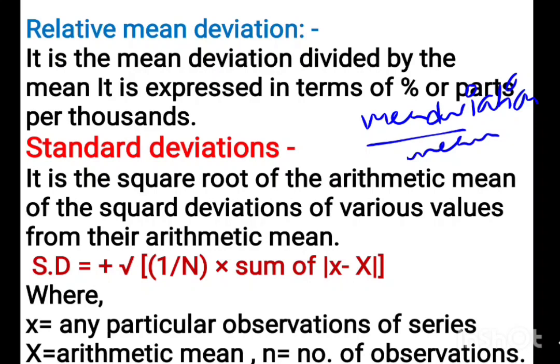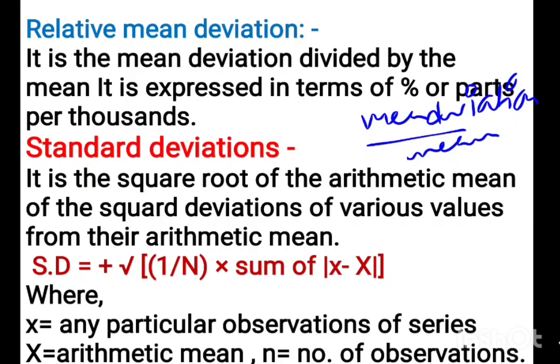Now standard deviation: it is the square root of the arithmetic mean of the squared deviations of various values from their arithmetic mean. So standard deviation is the square root, and the squaring is of various values from their arithmetic mean.